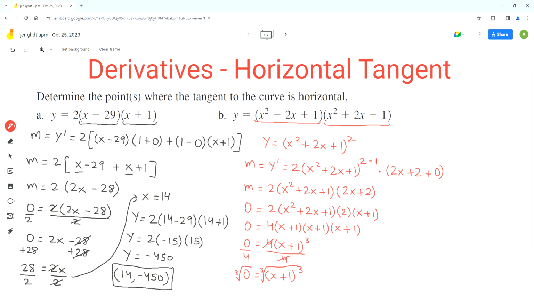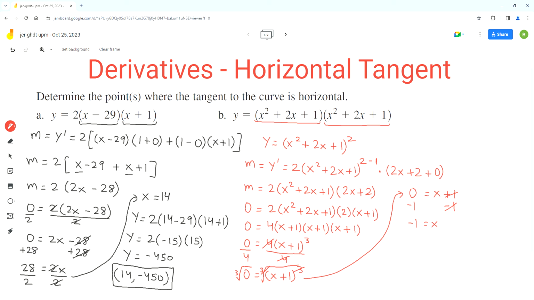So the cube and the cube root on the right side cancel each other out, and we know that the cube root of 0 is equal to 0. So we get 0 equals x plus 1. Now we can solve for x by subtracting 1 from both sides. So the ones on the right side cancel each other out. So we get x equals negative 1. So this is the x value at which the tangent is horizontal to this given function.